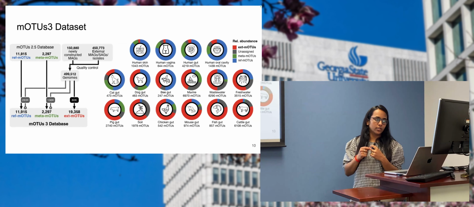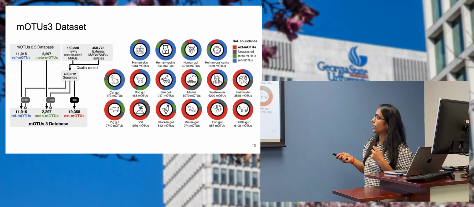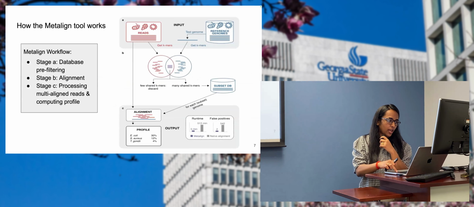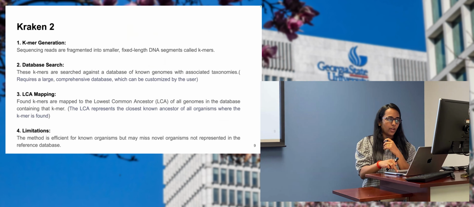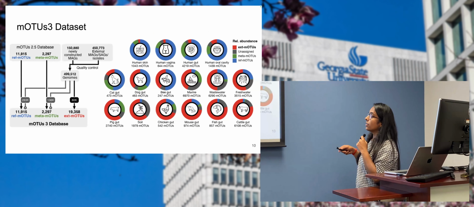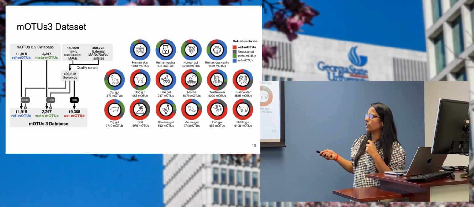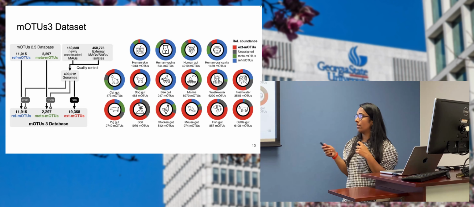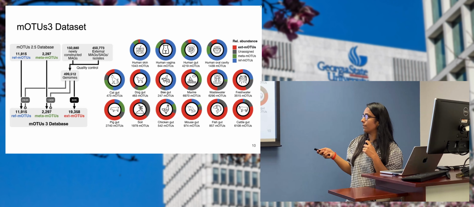So the third is the Motors database dataset. In our meta alignment we are taking a reference genome, and here we are taking reference genomes from different databases. If you see reference Motors, that's a reference genome. Meta modulus is the genome that we found from an environmental sample, after reconstruction.